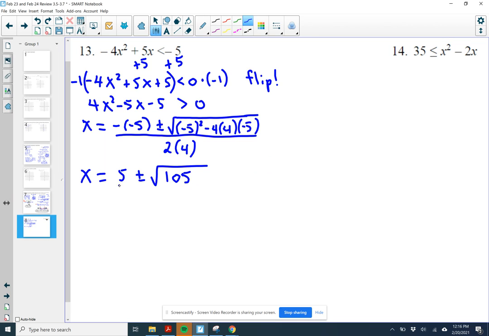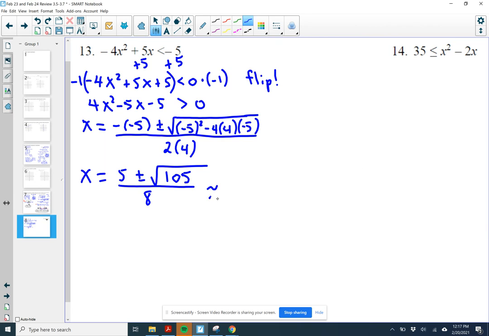Use a calculator or whatever, but if you do, be super careful with it, right? You're doing negative. If you use the calculator, put in the parentheses, and you've got that, right? That's going to be 25 plus 80, which is 105. All right, all over 8.